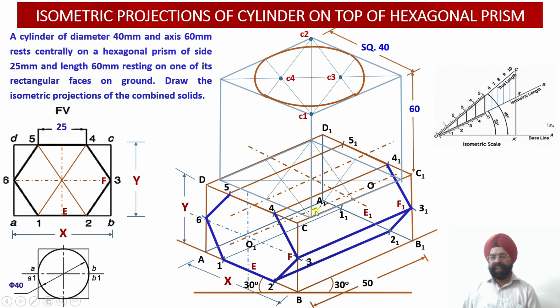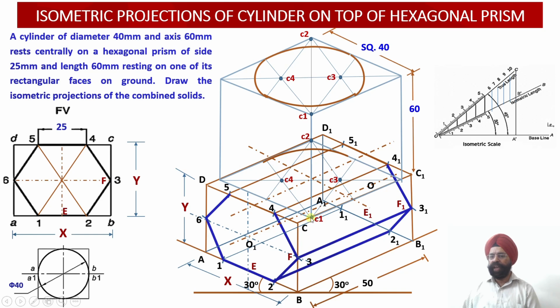Corresponding to the minor diagonal, two projectors from one corner have been drawn to join the opposite midpoint of the edges over there. Similarly, from the second corner of the minor diagonal, we have drawn two projectors which are going to join the midpoint of the opposite edges. So four centers will be located. Please check: center 1, center 2, center 3 and center 4. Similar to this construction, four arcs will be drawn.